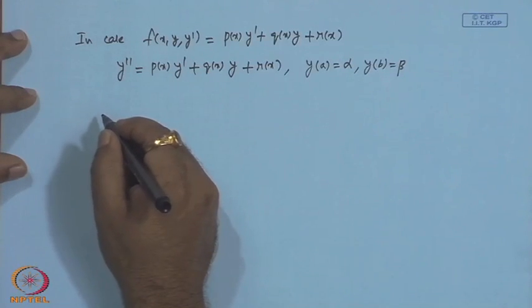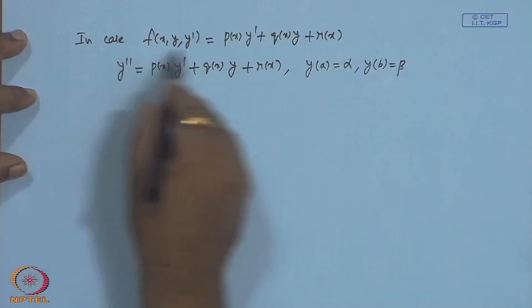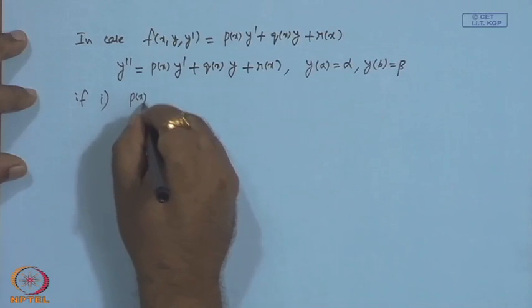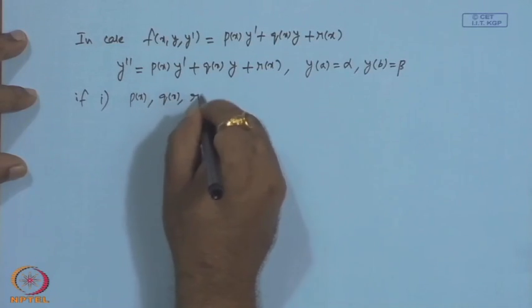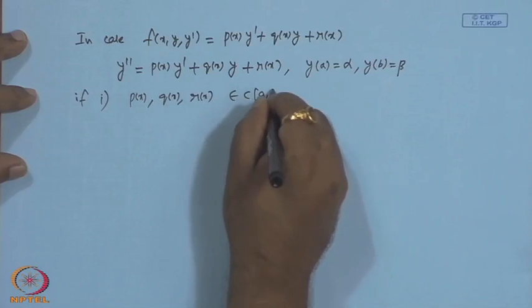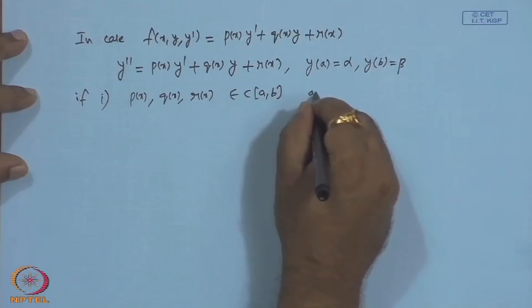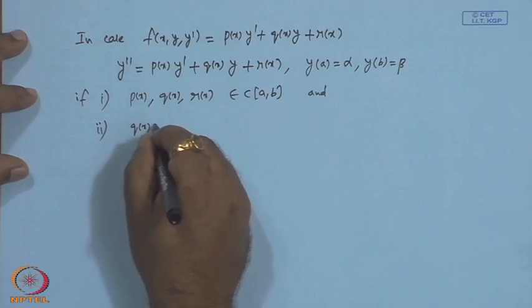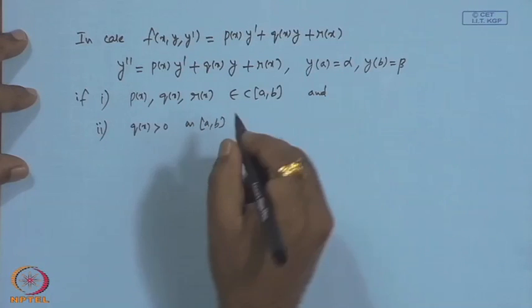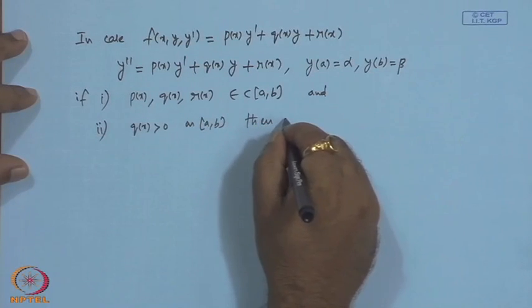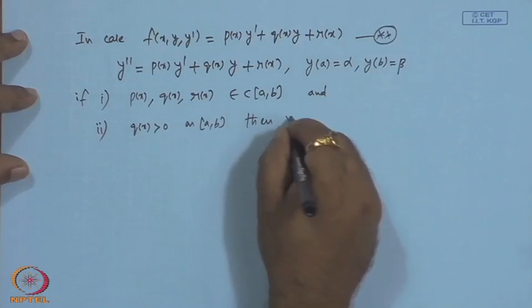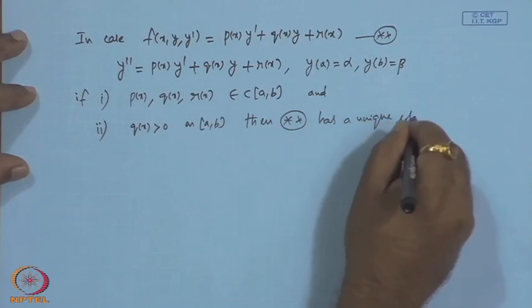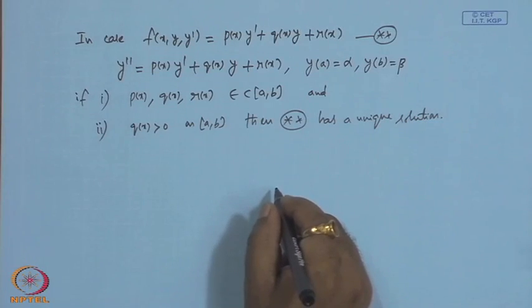So, then in case of this, if p x, q x, r x are all continuous on this interval, and q x is positive on A B, then double star has a unique solution. Okay.